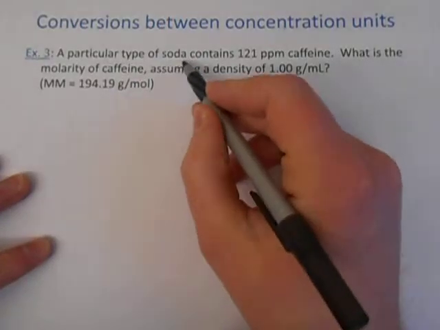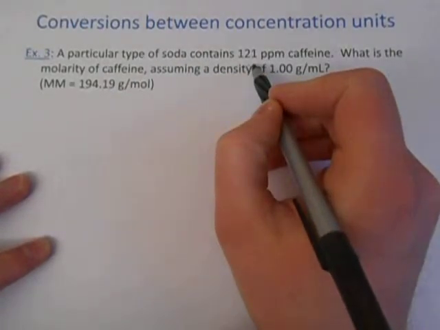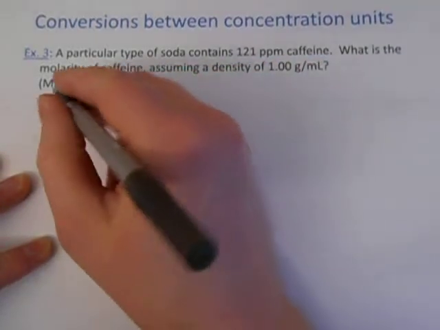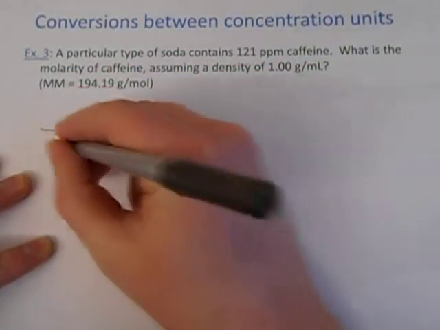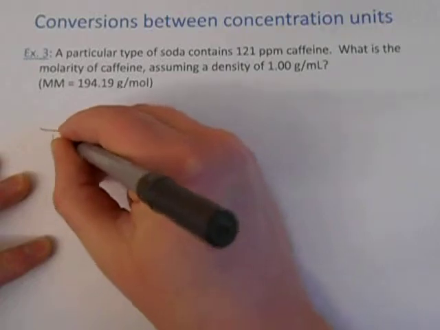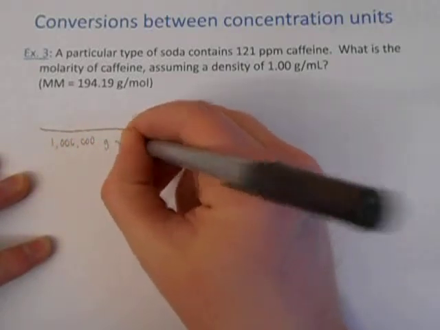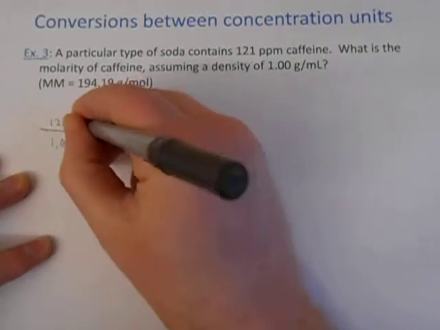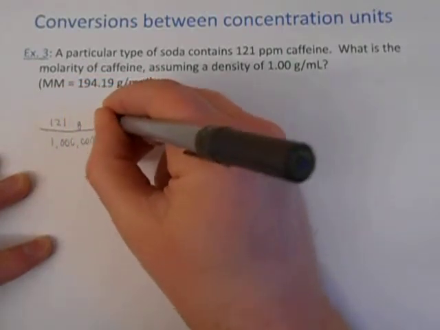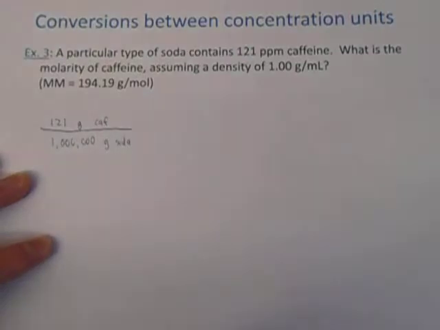Okay, so here we have a soda sample with 121 ppm caffeine. And so we could write this as if we had 1,000,000 grams of soda, 121 grams would be from the caffeine. 121 parts per million.